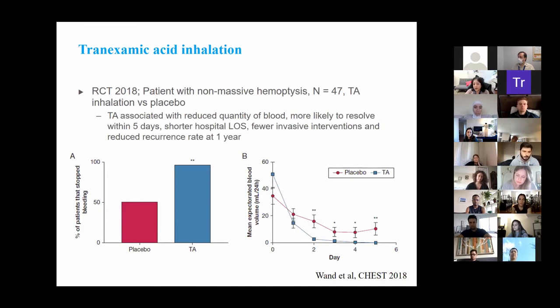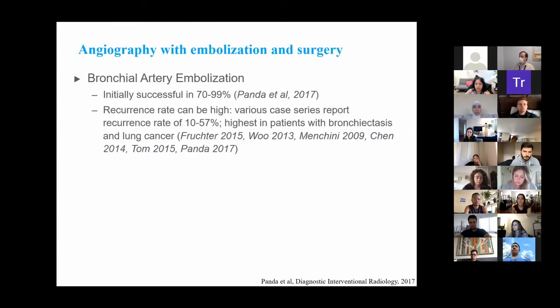We've used it quite a few times here at Beth Israel, where we have a cystic fibrosis center. So we get a number of patients like this, and really seen great results. Similarly, case series in CF patients have shown that TXA can reduce quantity of blood and lead to faster time to resolution of hemoptysis. So really a cool new thing to consider in some of them.